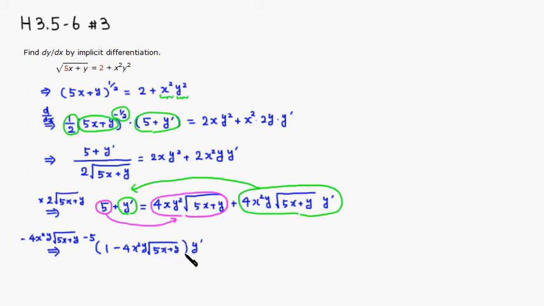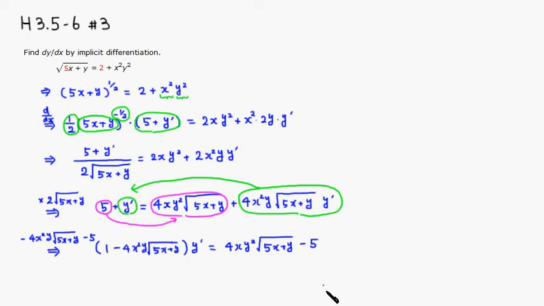This is equal to the right hand side, which is going to be 4xy squared square root of 5x plus y. Then you're subtracting 5 from that.